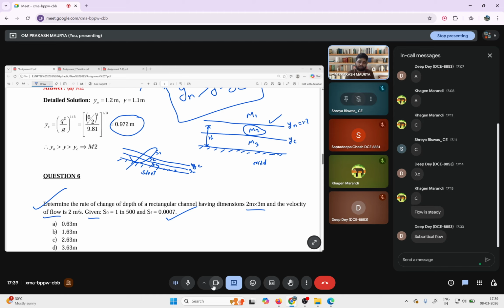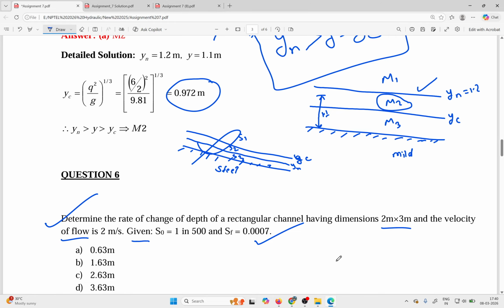So again here you need to apply the same formula, whatever I think in question number second or third, I don't remember. What was the dy by dx? Okay, let me just explain you. No issue. So these questions are very important.